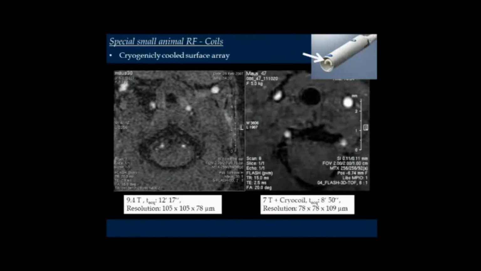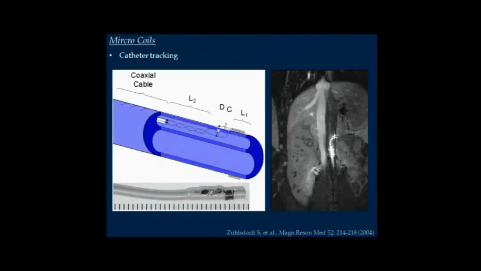There are cryogenically cooled coils on the market already, where the coil itself is cooled down to just a few Kelvin, and this derives a benefit in SNR of a factor over 2. Just one example here. This is a 9.4 with less resolution, higher resolution, less resolution, higher field, smaller field. And even the scanning time here is shorter than that, but you clearly see the advantages in cryocoil.